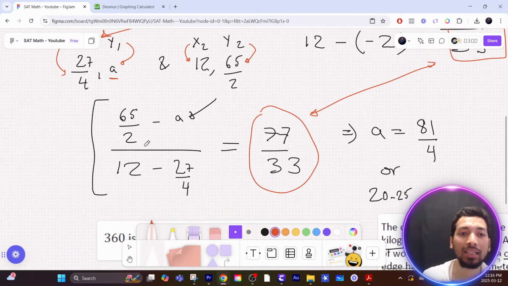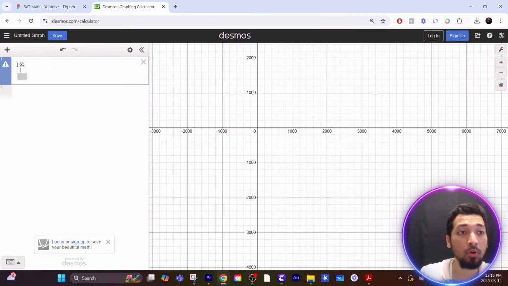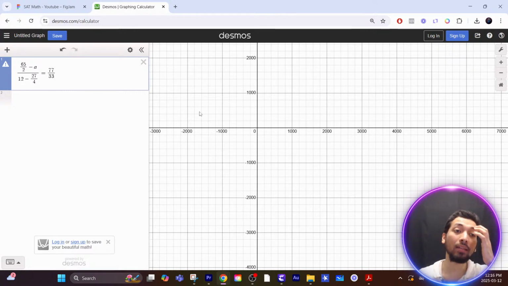Now we can just plug this in our DESMOS calculator. So in the numerator, we have 65 over 2 minus the variable a. In the denominator, we have 12 minus 27 over 4. And this should equal 77 over 33. Now, to have a value in the DESMOS, we just need to replace the variable with x or y.